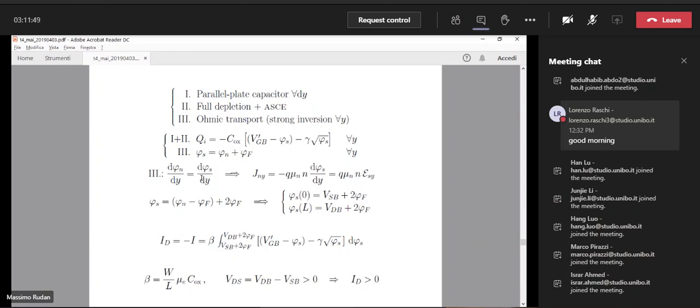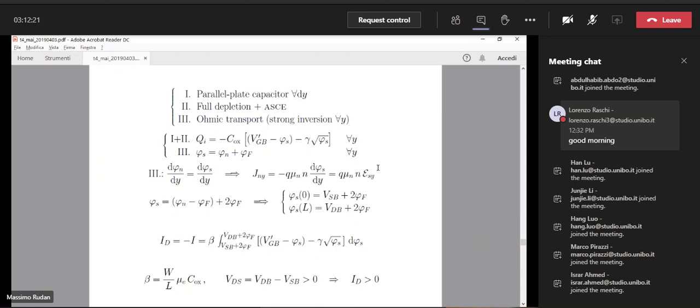We replace this in the expression of the current density, so to the original d phi n over dy, we replace d phi s over dy with a minus. But what is minus d phi s over dy? Simply it is the horizontal component of the electric field calculated at the surface, because phi s is the surface potential.